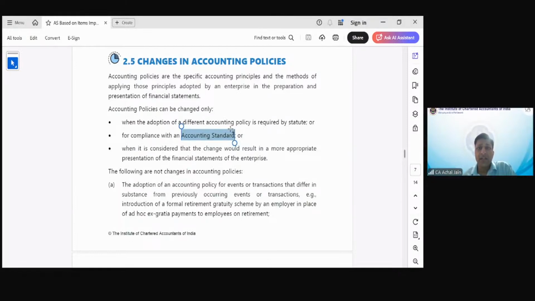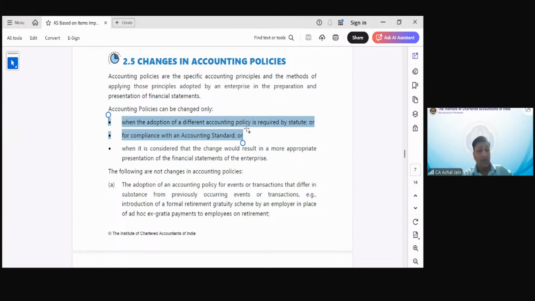Because any statutory requirement is mandatory. Any accounting standard is mandatory. So in these first two situations, accounting policy will have to be changed mandatorily by the company.